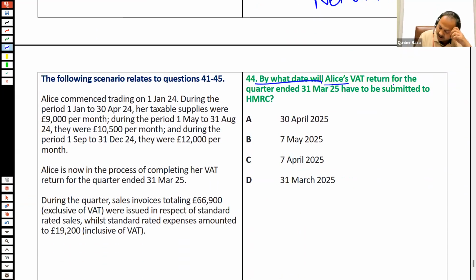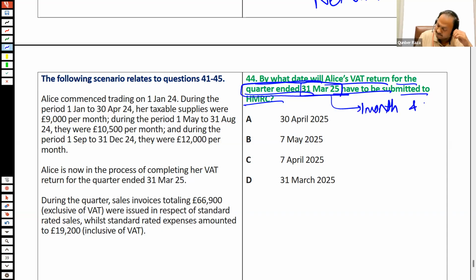By what date at least does the VAT return for the quarter ended 31st March 25 have to be submitted to HMRC? So the return submission deadline is 1 month and 7 days, and this applies to both return submission and payment.